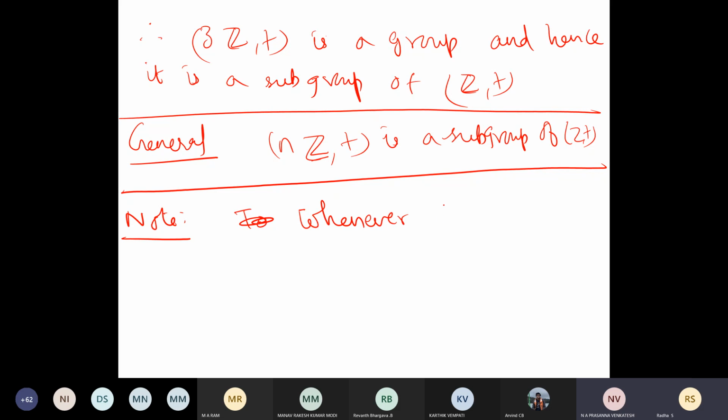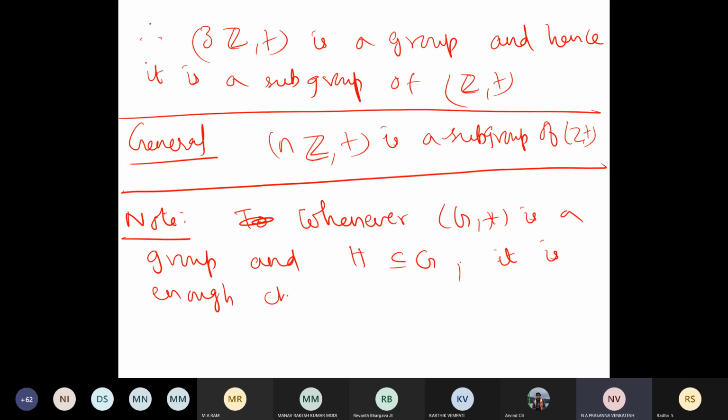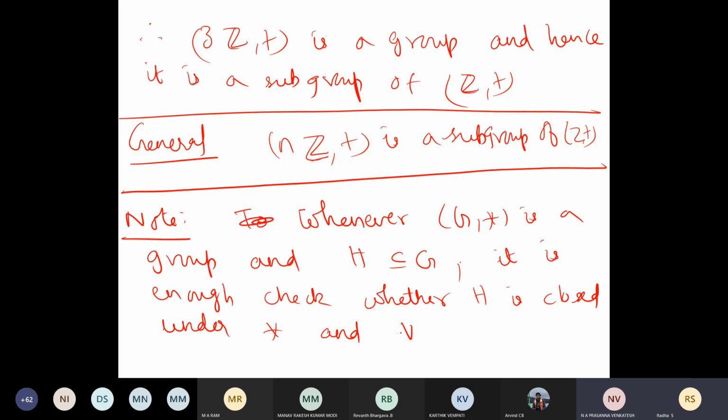Whenever G, comma, star is a group and H is a subset, it is enough to check whether H is closed under star and for all a in H, a inverse belongs to H. One minute, I didn't end the statement well.